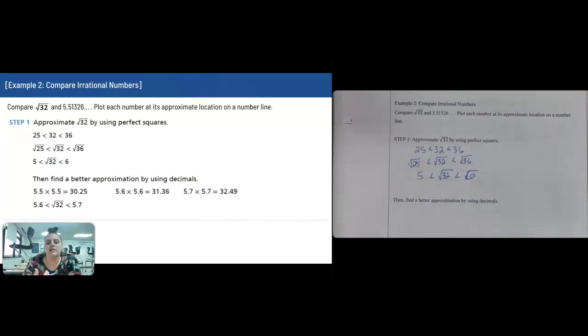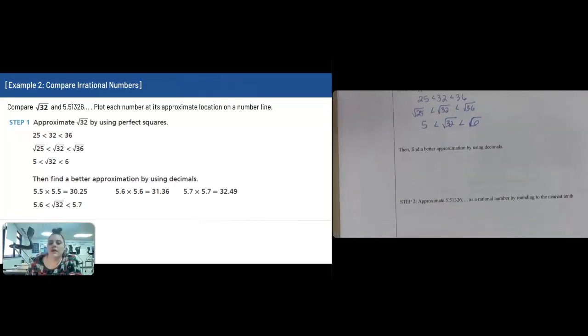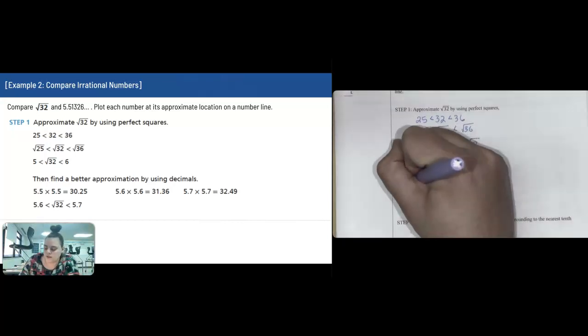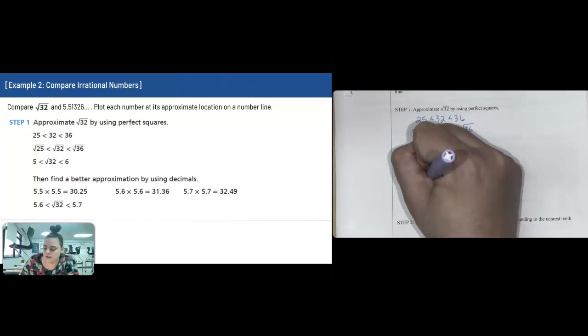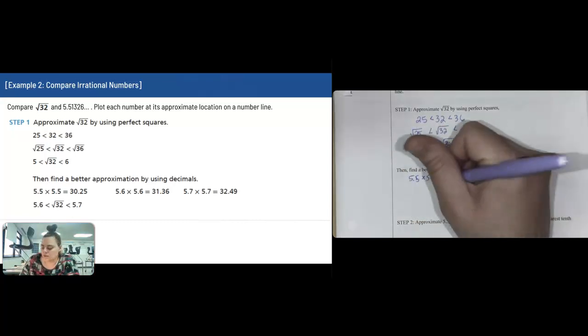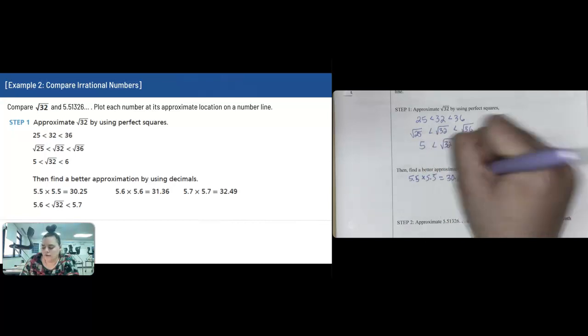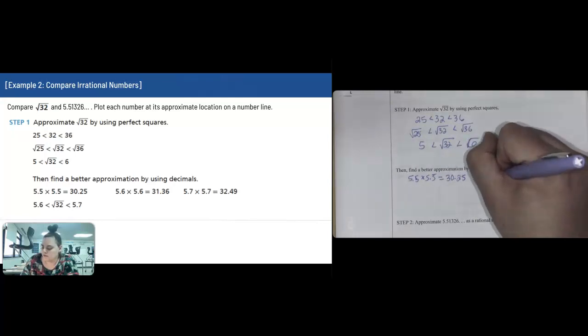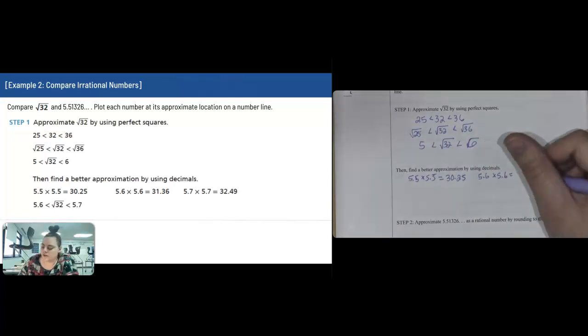Then we find a better approximation using decimals. We might first try 5.5 because we're looking for something that is more than halfway, and we want to figure out what is the best. So 5.5 times 5.5, and you can see from the slide we would get 30.25, which is too low. So we might try the next one up, 5.6, and we get 31.36, still a little bit too low.